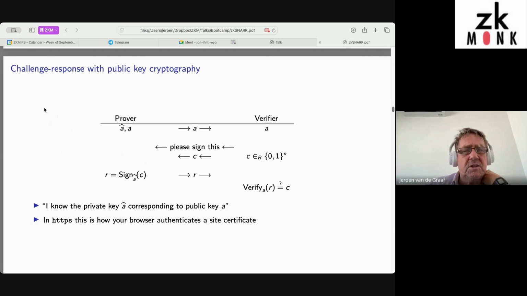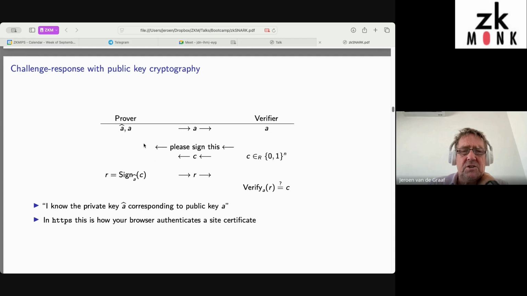But if I change this to public key cryptography, you can think of A as the public key, A hat is the private key, then the verifier, or as I call it, the server, knows the public key, and so he sends out a challenge to the prover: please sign this.